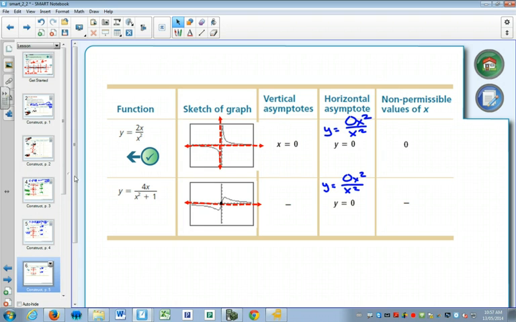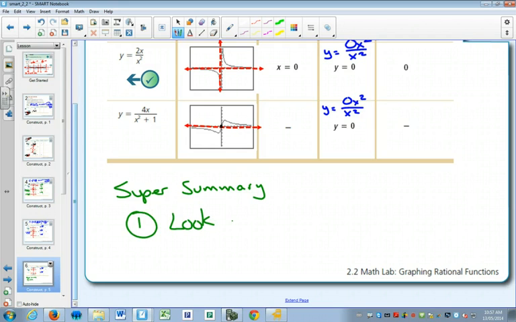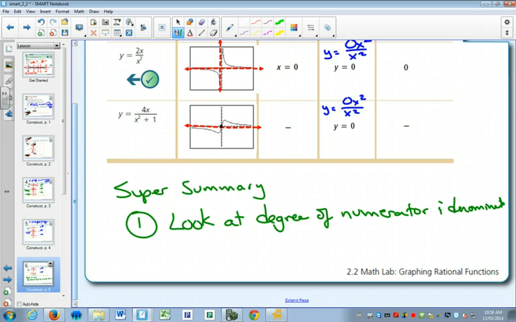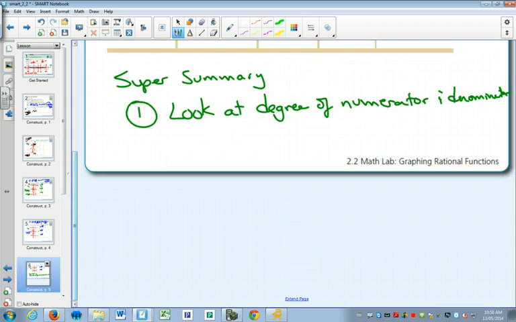That is the characteristics. So now if we did a super summary of this whole thing, the first thing you're going to do is look at the degrees in the numerator and the denominator. Right? And what did we notice? In group 1, it was bigger in the numerator.